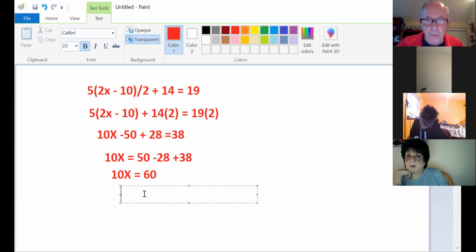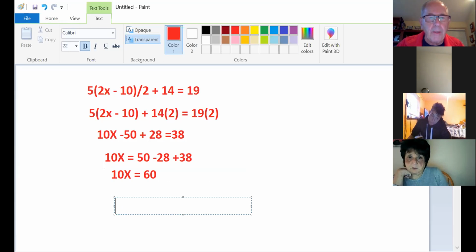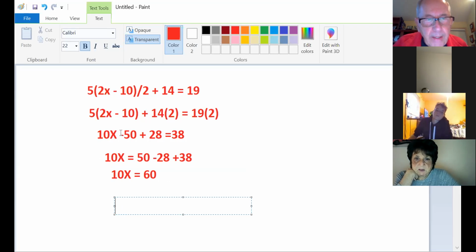I don't get that at all. Okay, sorry, well, where did you not get it? The second line or the third line or what? Probably on the fourth line when you say 10x equals 50. Mm-hmm. I added 50 to both sides so I could move this minus 50 over to the right-hand side.